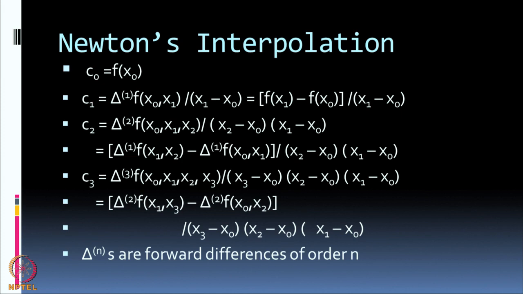When you use very high order polynomials, the powers go to very large values like 10, 11, 12. So, large polynomials have a lot of fluctuation between adjacent points, because you know that an nth order polynomial has n zeros. So, higher order polynomials go through 0 many times. So, they are not good for interpolation. So, best would be the third order interpolation, and this is the Newton's formula that I have just indicated.